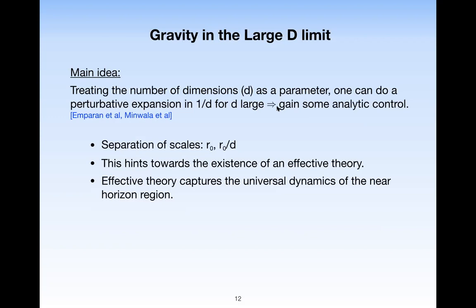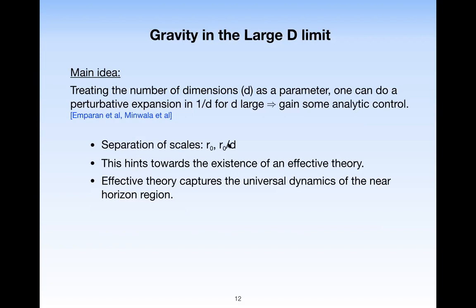And I'll give 2 arguments why this is the case, but essentially both arguments boil down to the same thing. So imagine that we have a black hole, and then there are 2 scales that appear in the problem. One is the radius of the horizon, R0, and the other one is R0 over the number of dimensions, over D. So as D goes to infinity, we see that there is a separation of scales here.